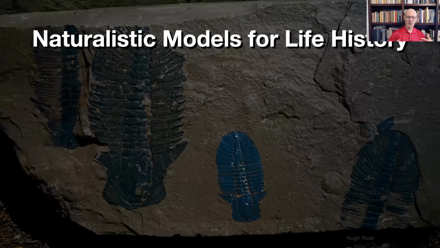So what I'm going to review for you are their attempts, what they discovered, their attempts to fit it into a strictly naturalistic model, and why this actually provides us with stronger evidence than we ever had before that we need the intervention of a supernatural, super intelligent God to explain the history of life here on planet Earth.